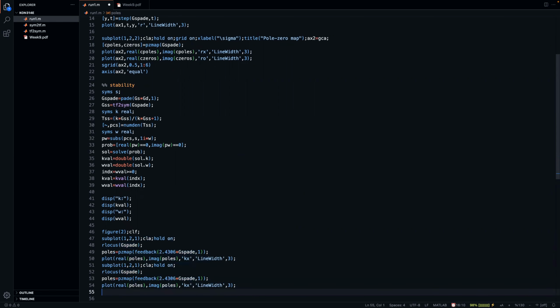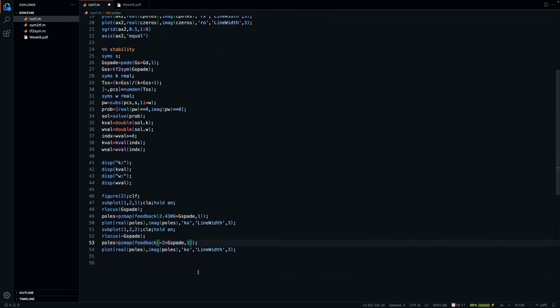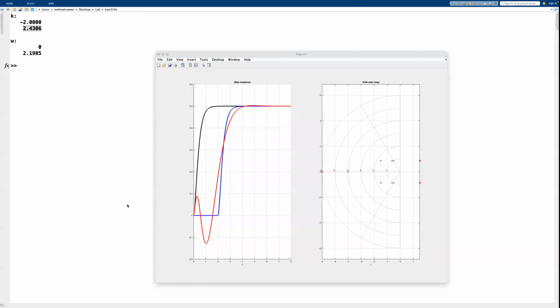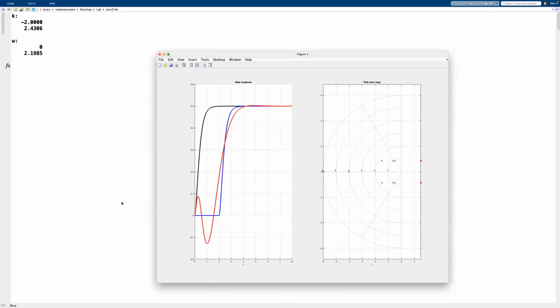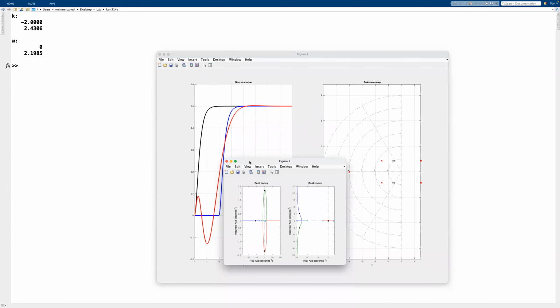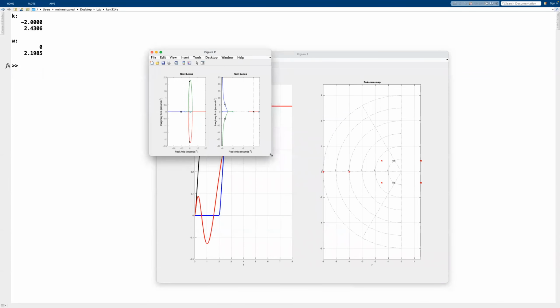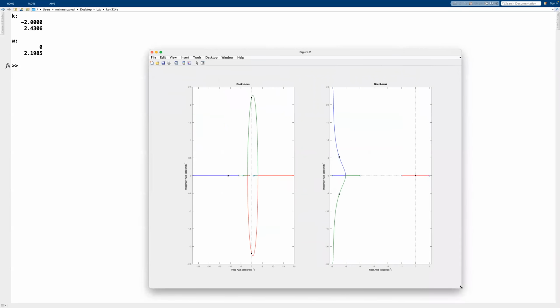Or we can also do it for the negative root locus, which is going to be negative, which was -2. And there we go. So now this is the resulting figure here.